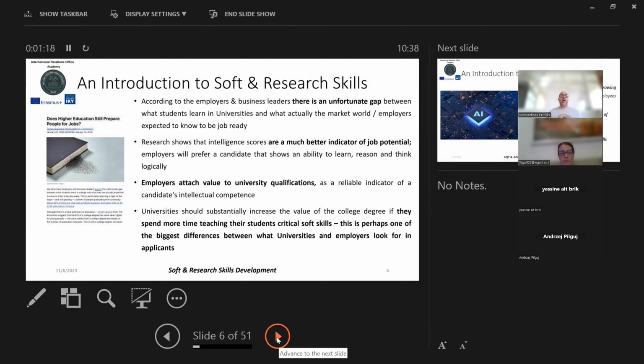As I told you, and you will see in the reports, for companies and employers soft skills are considered more important than the technical competencies. Technical competencies are something that any company can develop, to some extent, during your working period within the company. And soft skills are very crucial for your employability.